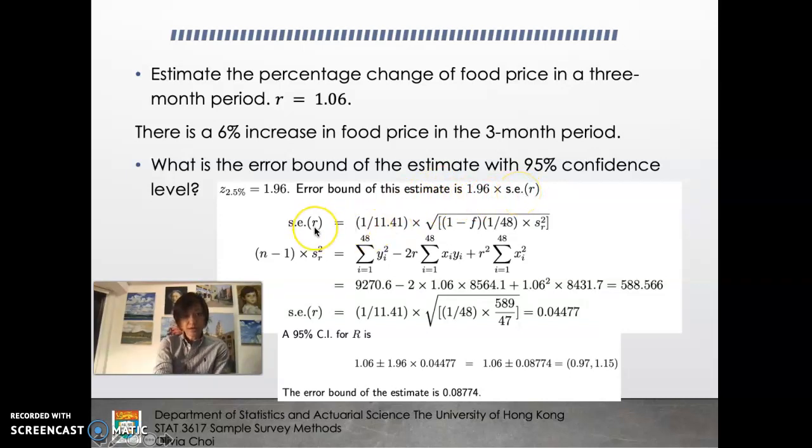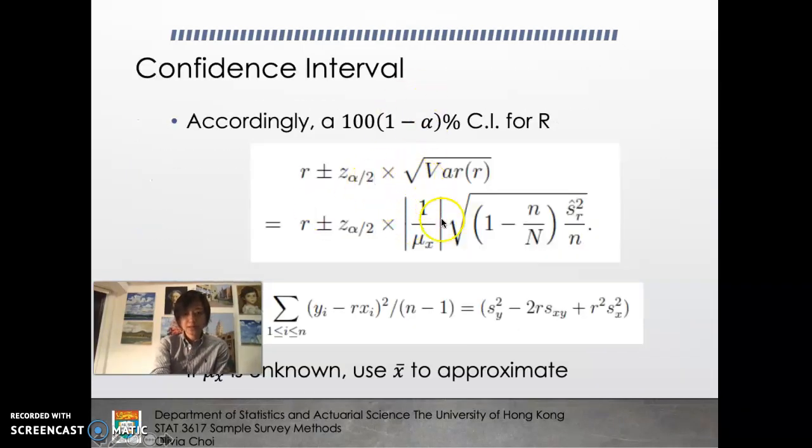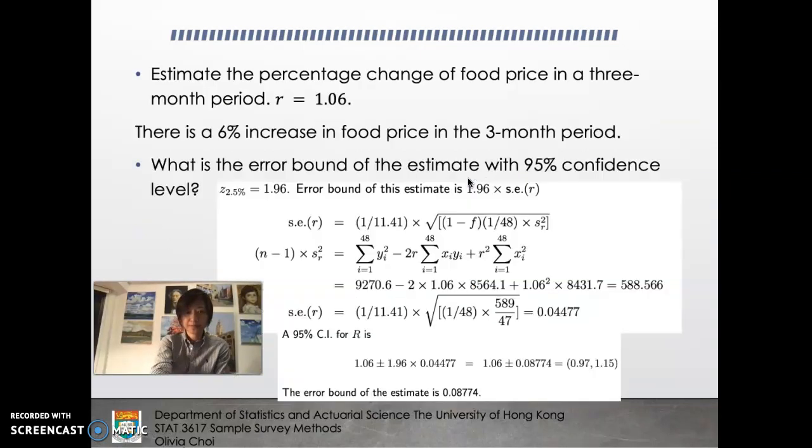Standard error of our ratio estimate is the square root of the variance of R, or the estimated variance of R. So that equals 1 over x bar squared, but we don't take the square here because we're looking at the square root of it, since we want the standard error. So 1 over x bar multiplied by the square root of the finite population correction factor multiplied by S R squared over n.